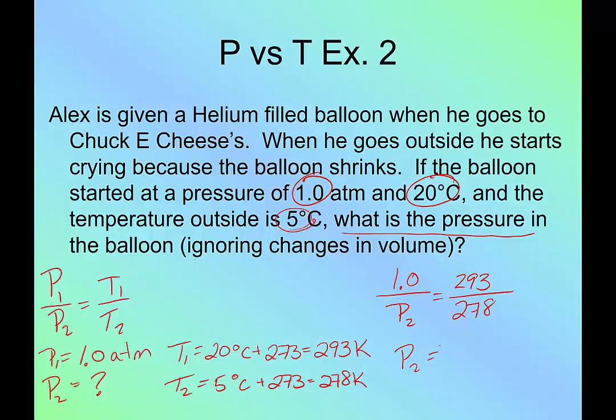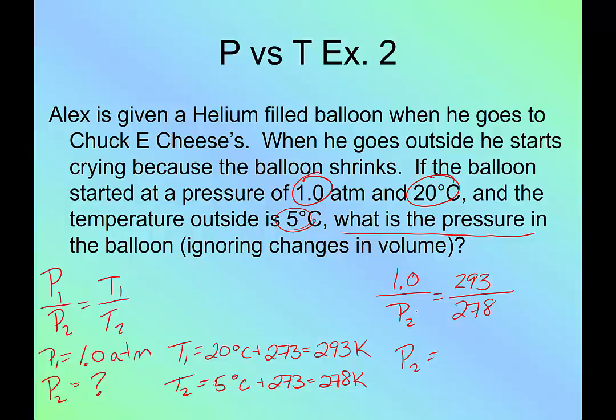That was 1 second. Okay, now obviously you can always pause the video whenever I tell you to think about things. So let's think about this for a second. What happened to our temperature? Well, our temperature dropped. If our temperature goes down and pressure and temperature are directly proportional, that means our pressure had better go down. So let's make sure that our pressure is less than 1 atmosphere when we're finished.